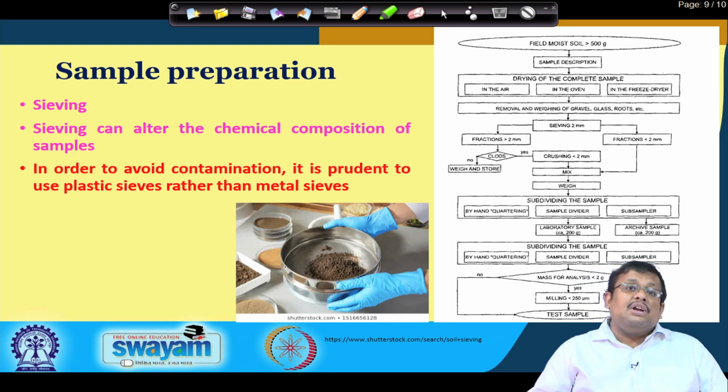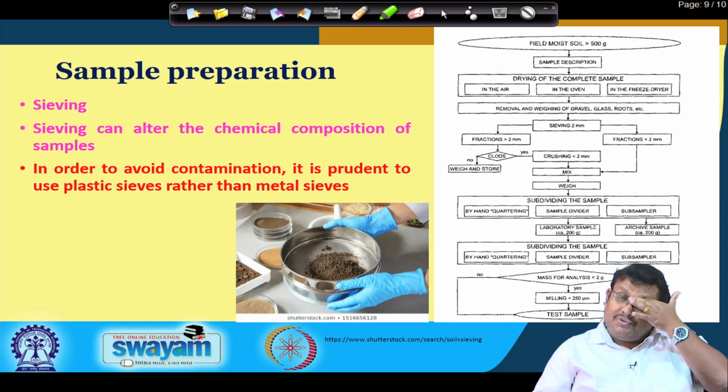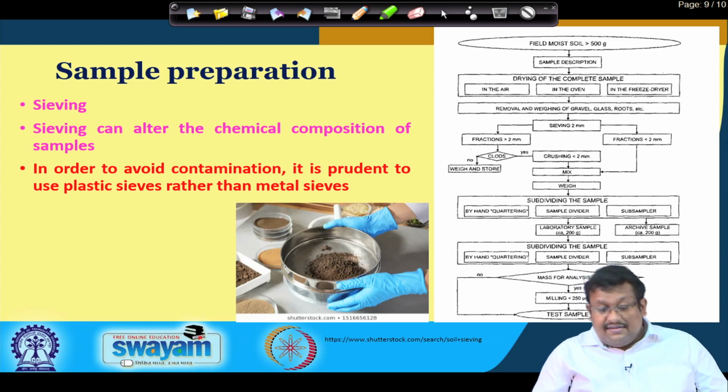Remember that in order to avoid contamination, it is prudent to use plastic sieves rather than metal sieves, although metal sieves are more hardy than plastic sieves. However, in case of plastic, there is no chance of contamination from the metals which are present in the metal sieves. So, this is an important point you should consider while sieving the samples.